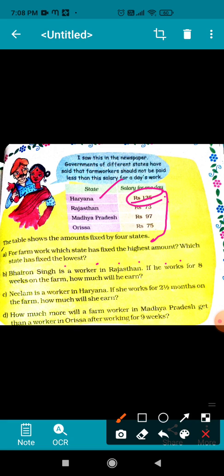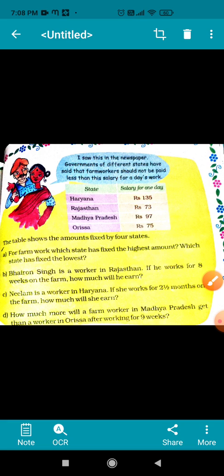It means for farm work, Haryana state gives the highest amount of salary, and in Rajasthan the people are getting the lowest amount of salary, because you can see 73 is the lowest number among all. So the first answer is done.